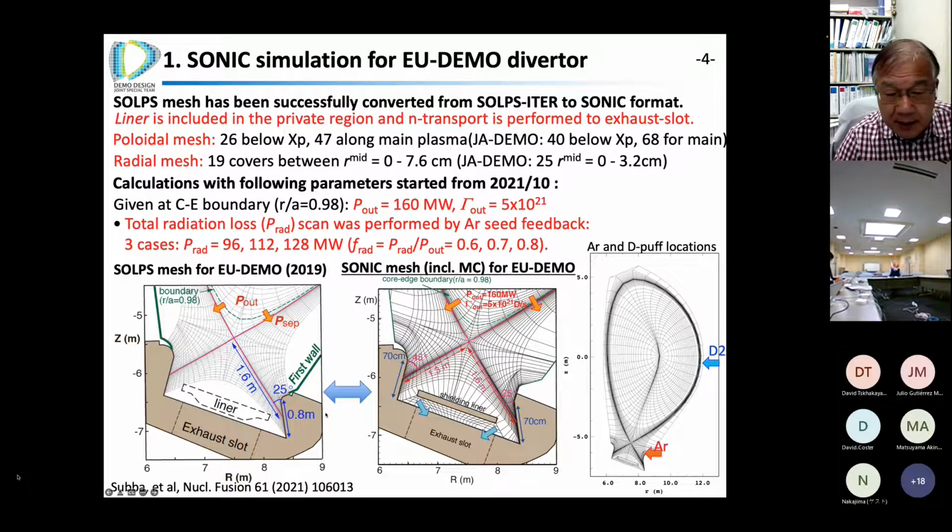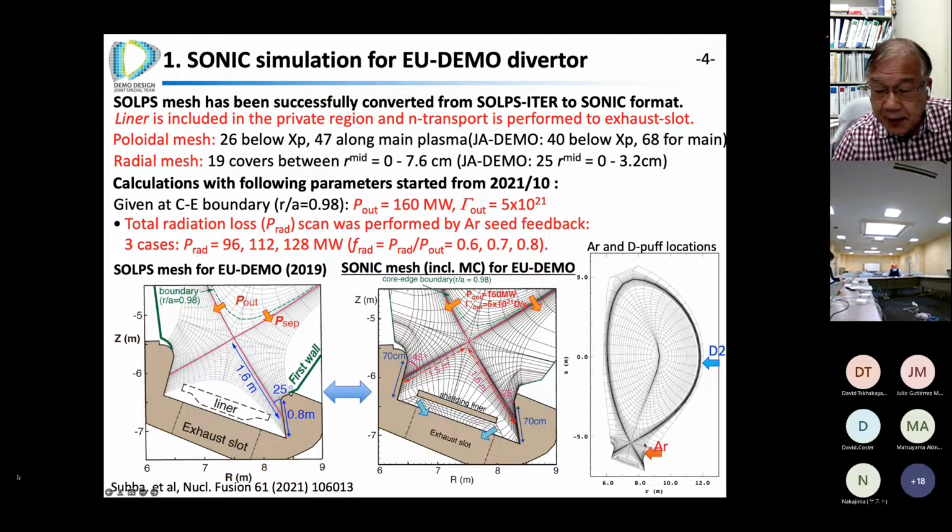Recently, we converted the equilibrium and the first wall data to the SONIC simulations. So this SONIC simulation is almost similar to the EU DEMO. In this case a shielding liner is also installed, and the Monte Carlo simulation mesh is also shown in this figure.